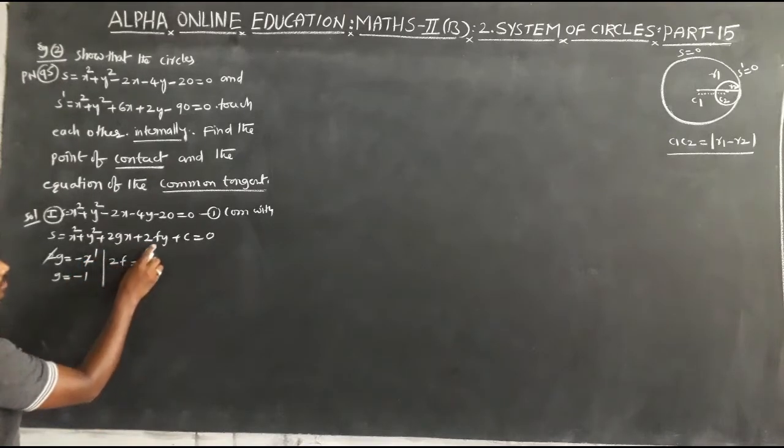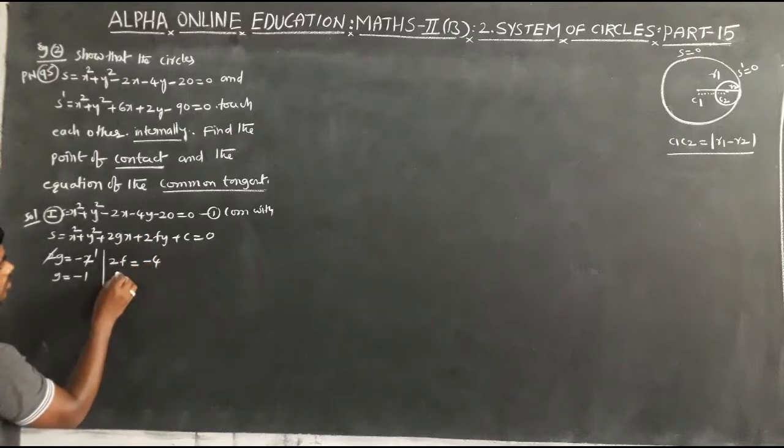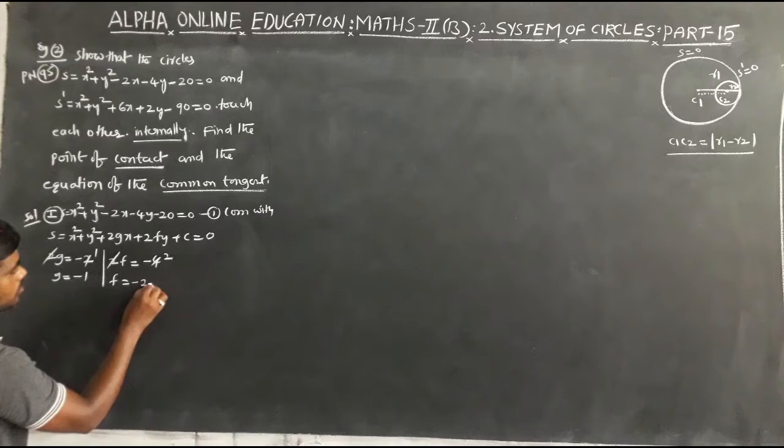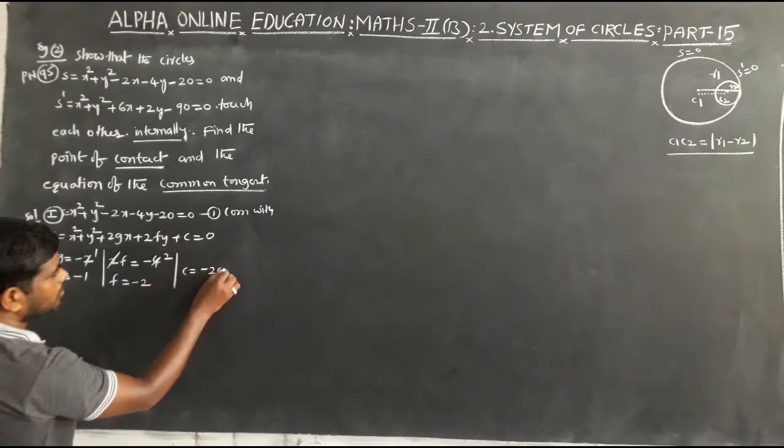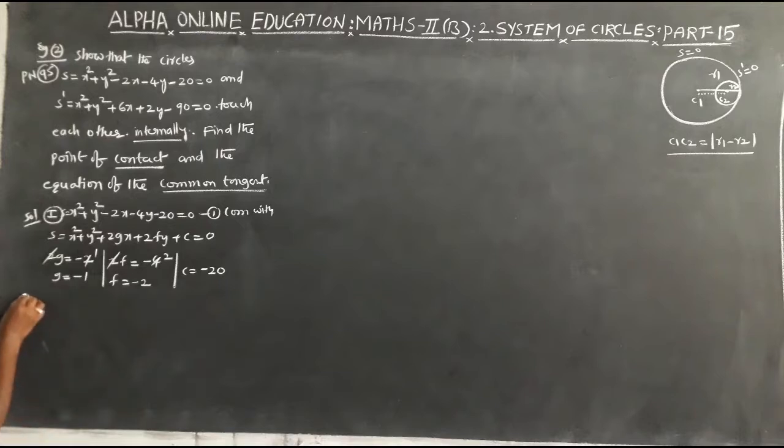Y coefficient 2f = −4, so f = −2. C = −20.